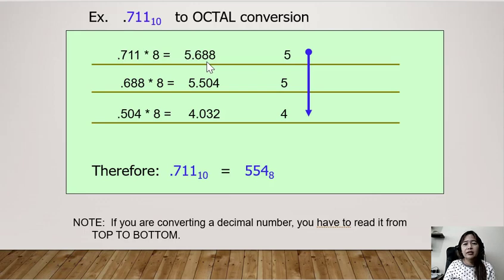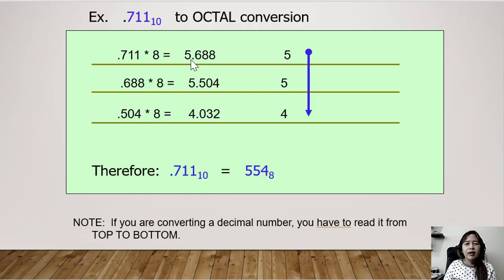If your teacher says you have to give 5 digits or 3 digits or 8 decimal places, then you have to multiply that number of times as well. Starting from 0.711, 0.711 times 8, you take out the whole number.